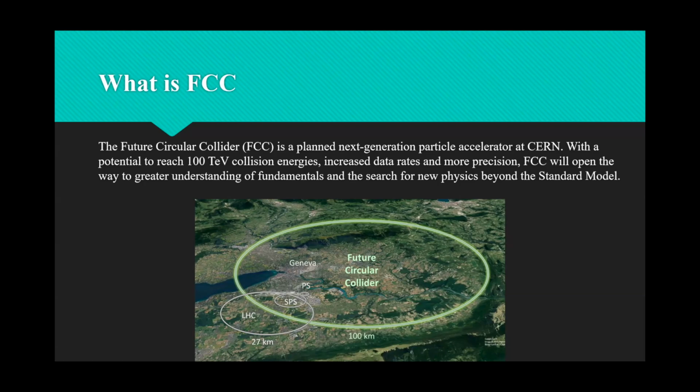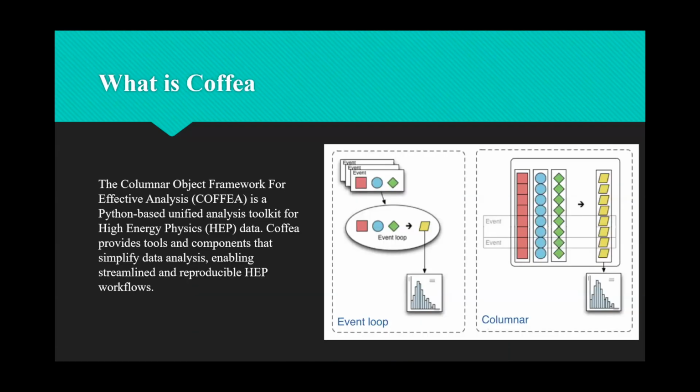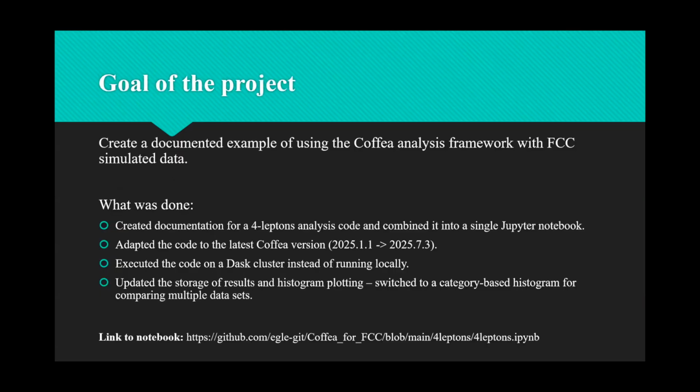The Columnar Object Framework for Effective Analysis, or Coffea, is a Python-based unified analysis toolkit for high-energy physics data. Coffea provides tools and components that simplify data analysis, enabling streamlined and reproducible high-energy physics workflows.